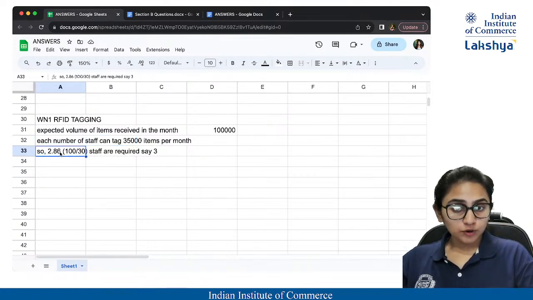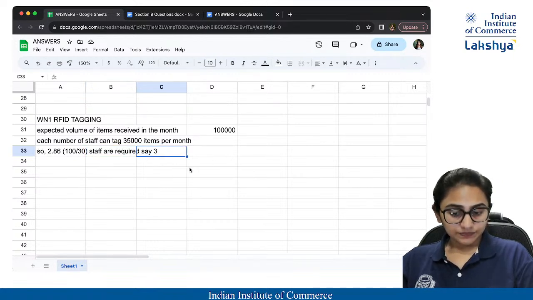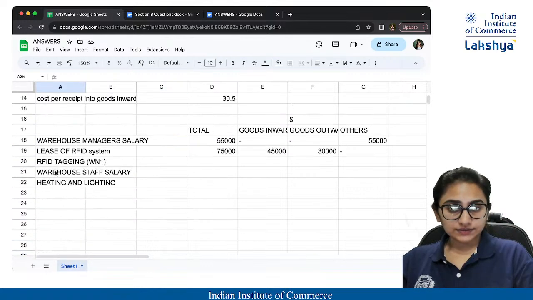So you're getting 2.86, and staff required is 1 lakh divided by 30. Say 3 staff are there. So the annual wages, because you need 3 staff, right?